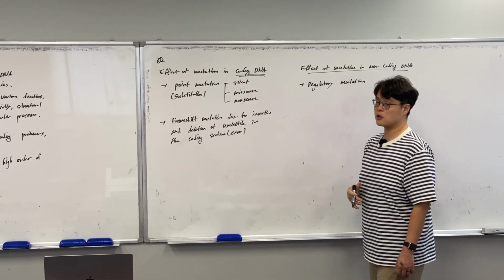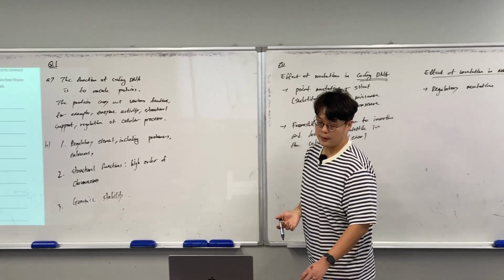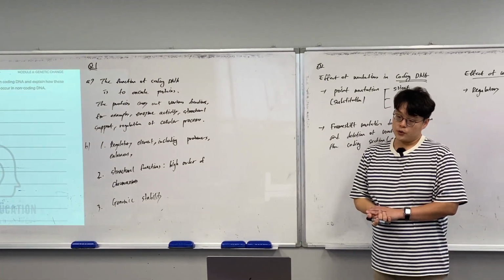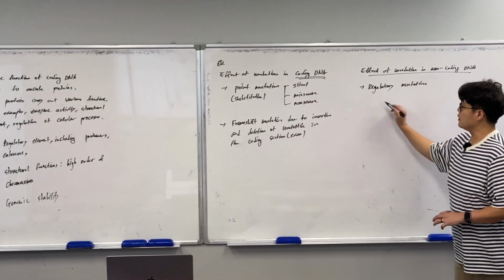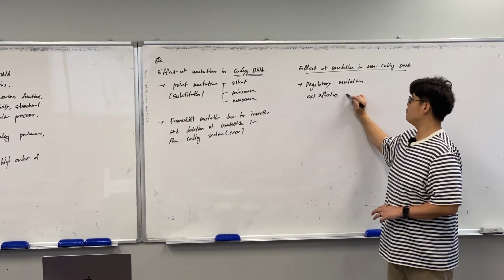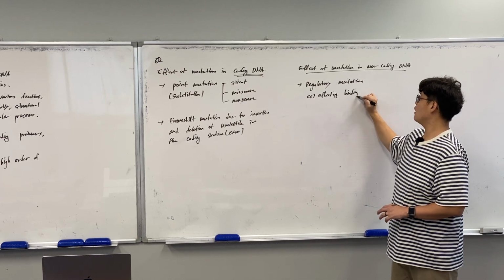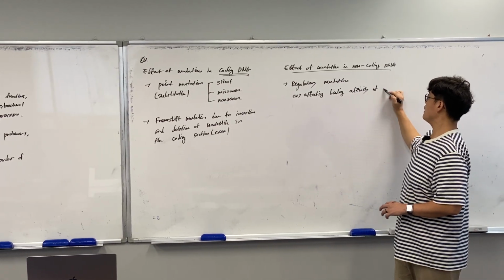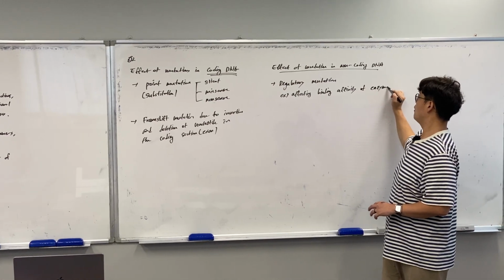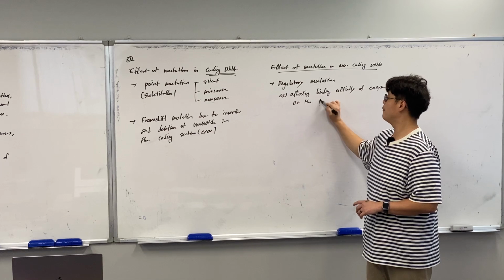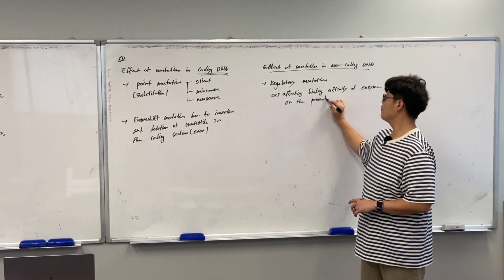Especially if we have a mutation in your promoters or some of the introns, it can alter the binding affinity, for example affecting the binding affinity of the enzyme on the promoter.